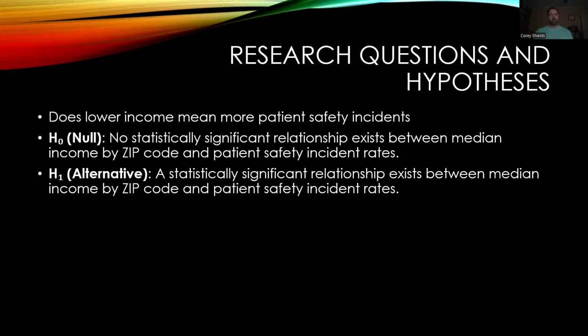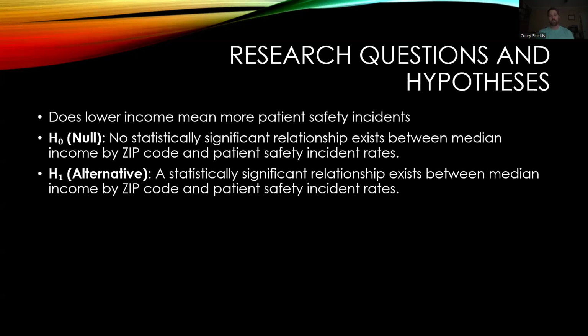Looking at our research questions and hypothesis, health inequity persists in the United States, disproportionately affecting low-income populations with reduced access to quality care and worse health outcomes. Health equity is defined as the absence of disparities in health across social, economic, and demographic groups.